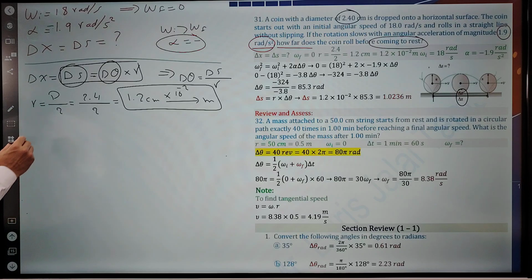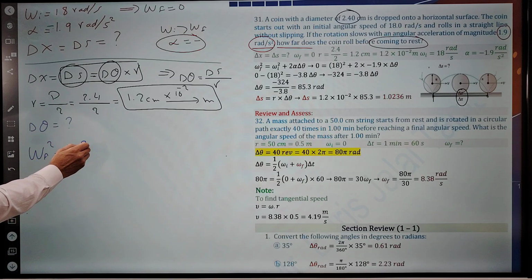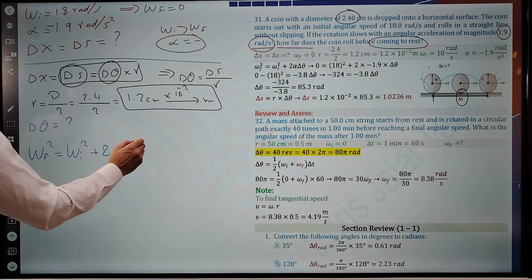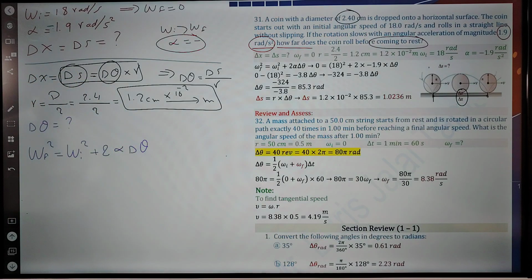But in this question, we don't have angular displacement, delta theta. We have to find delta theta. Delta theta is equal to what? Because the time is not given in this question, we have to use this equation from the four kinematic equations: omega final squared is equal to omega initial squared plus 2 alpha delta theta. Do we have omega final? Yes, 0.